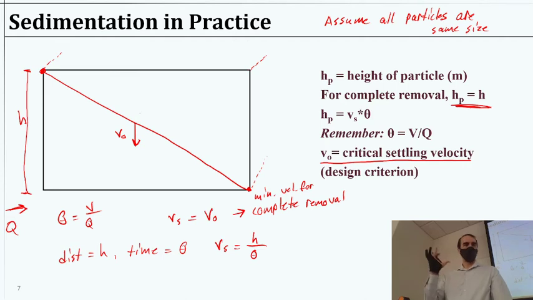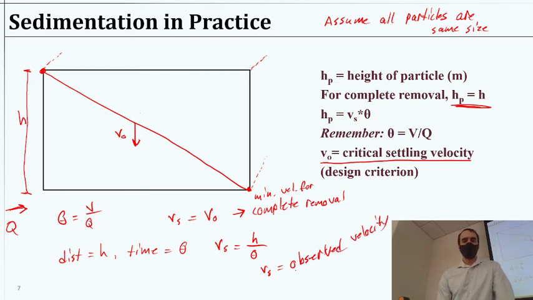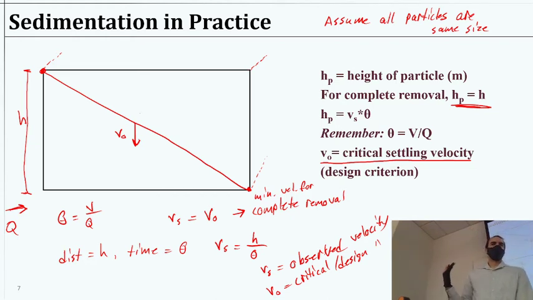Just try to keep that concept separate in your mind: Vs is the observed or calculated velocity, and V naught is the critical or design velocity. And again, we relate them often because we might want to design the system to remove precisely one type of particle, right?